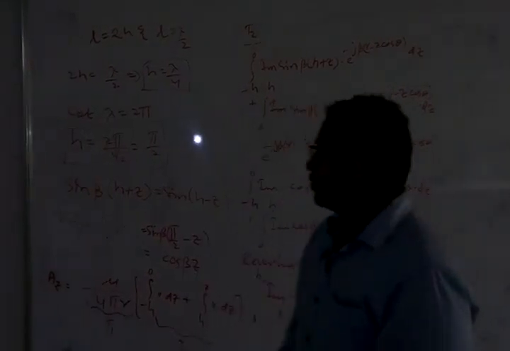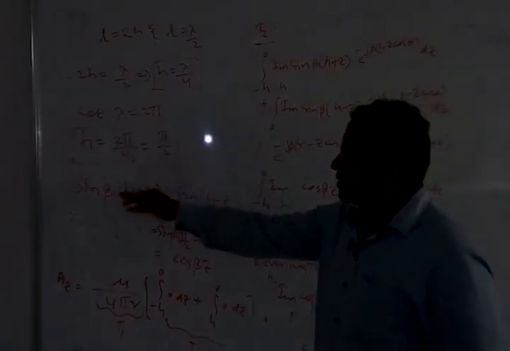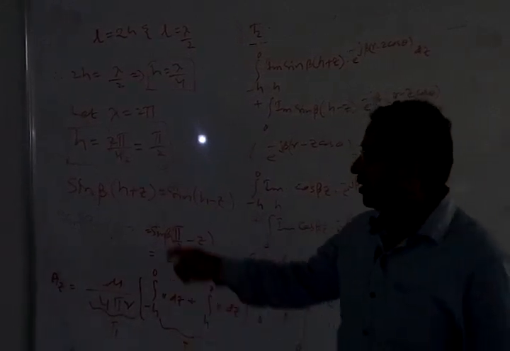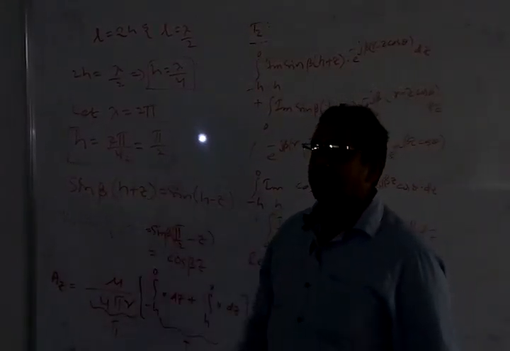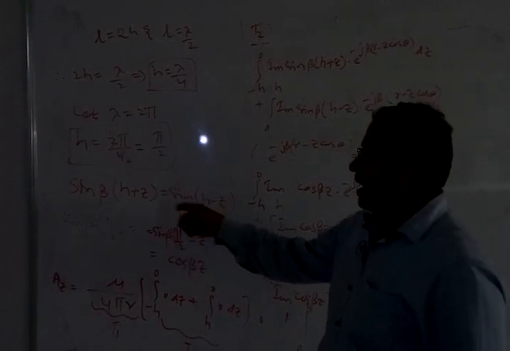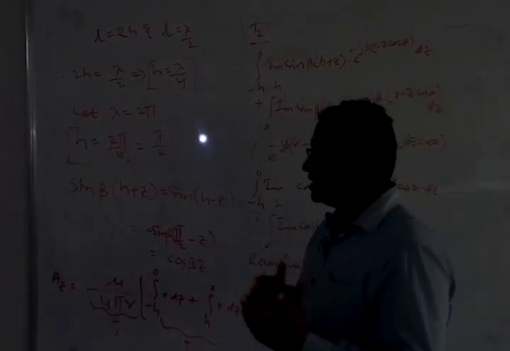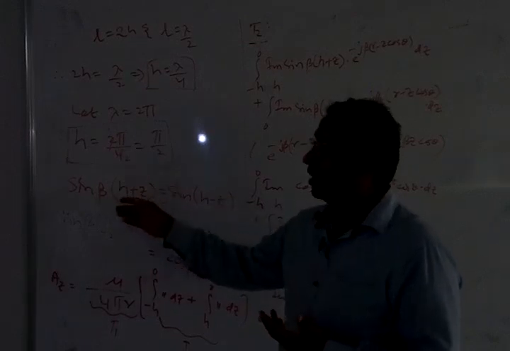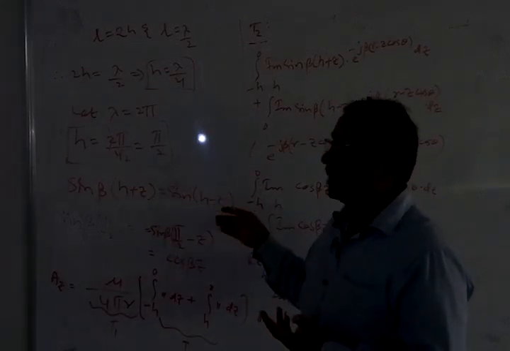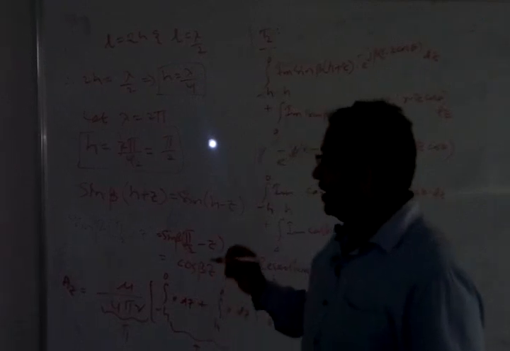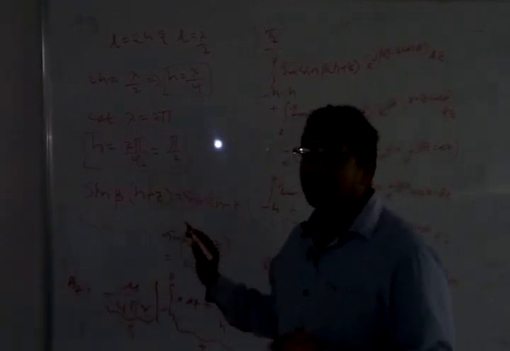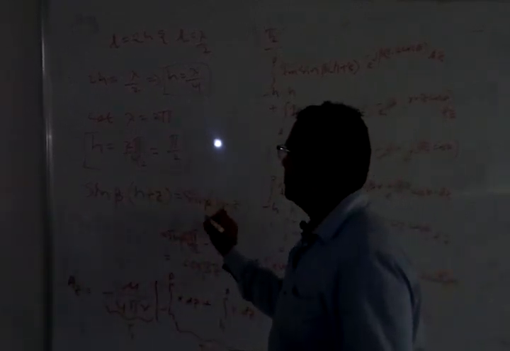Now this H value is substituted in the previous equation we got, sin beta(H plus Z). Considering both the positive as well as the negative parts, we have sin beta(H plus Z) and sin beta(H minus Z).